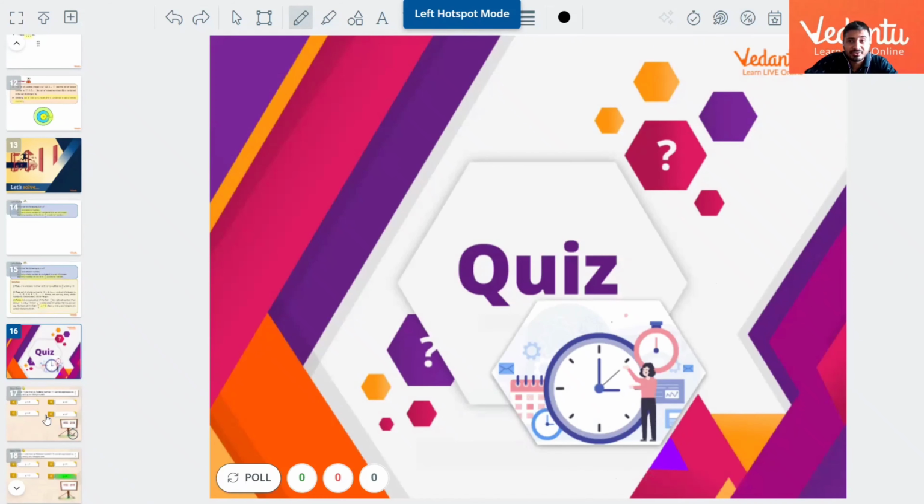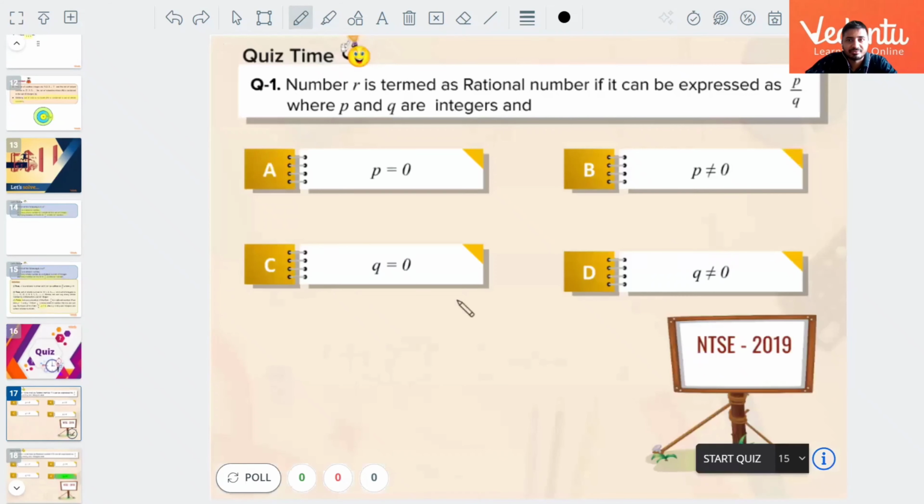What is the first question here on your screen right now? A number r is termed as a rational number if it can be represented as p by q. But what is the condition?